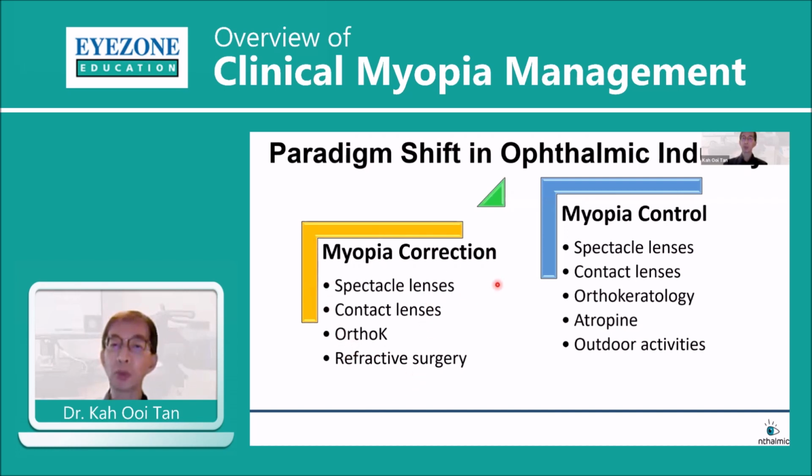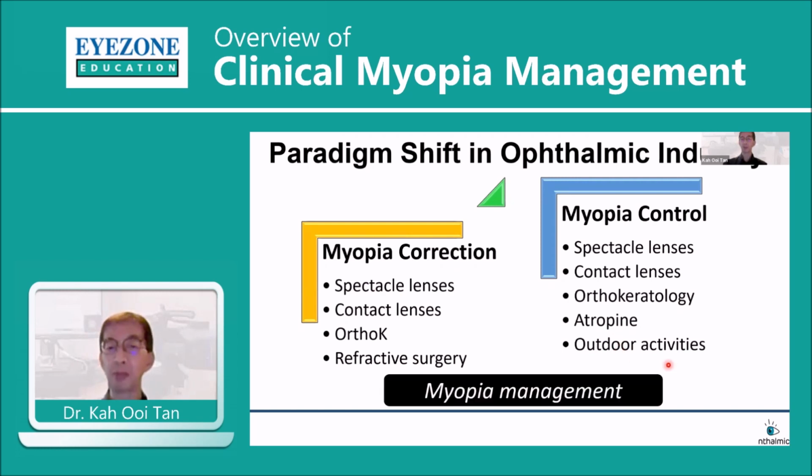Now we are moving towards myopia control with the same set of products, however something more specialized, like specially designed spectacle lenses, contact lenses, orthokeratology, atropine, or even outdoor activity, etc. And this is lumped together as myopia management.